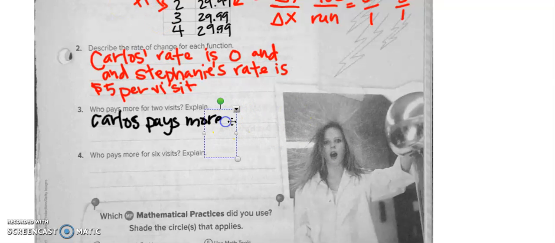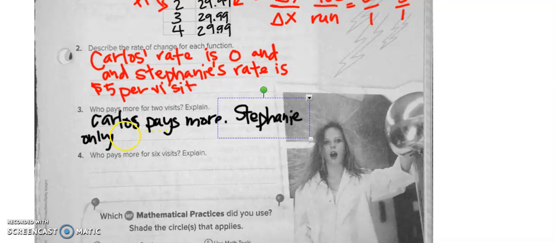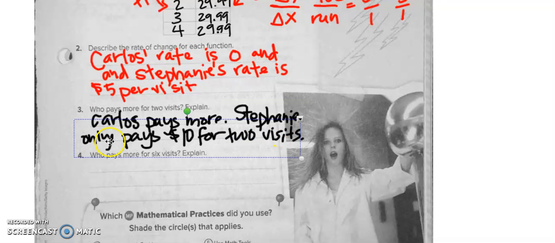Stephanie only pays $10 for 2 visits. Okay, if we could even add in the price that Carlos pays. Obviously, a little hard for me to write on here, so I will just leave it at that.